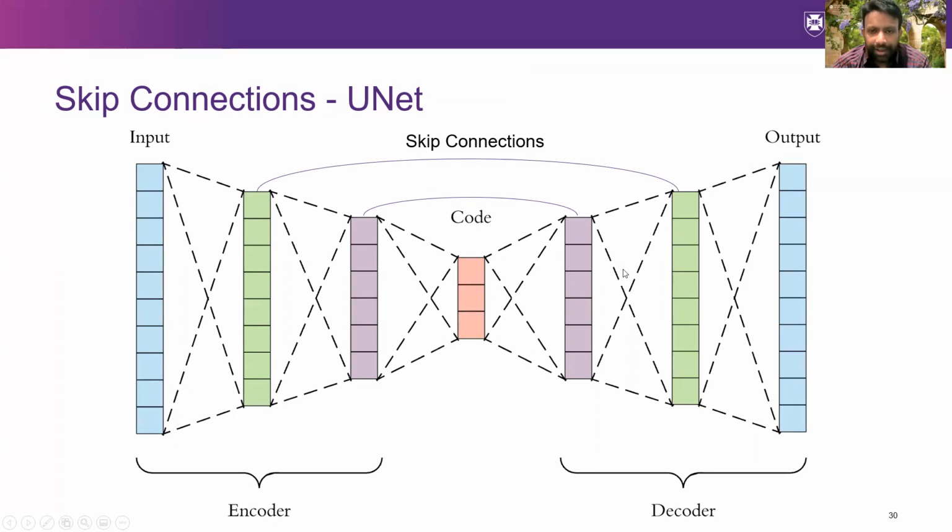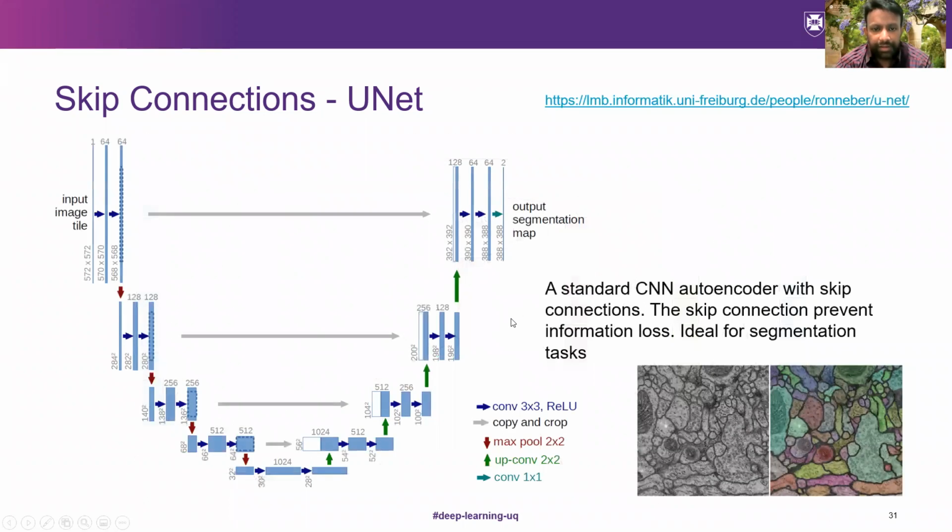Because as you're going up this way, you may learn something about the image, but the high frequency information, not related to the code itself, but just to recover a high quality image that's not blurred, requires some of the information that's lost, and these skip connections allow you to do that. That forms the base of the U-Net, and I'll talk about that more.